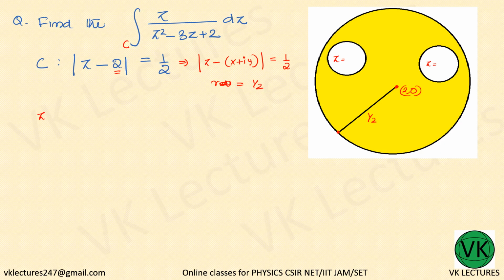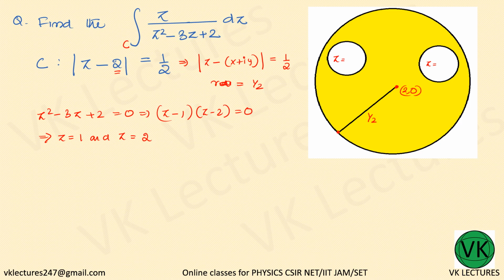So putting the denominator z square minus 3z plus 2 equal to 0, we can write this as z minus 1 into z minus 2 equal to 0, which implies z equal to 1 and z equal to 2. These are the points where the function is not analytic.